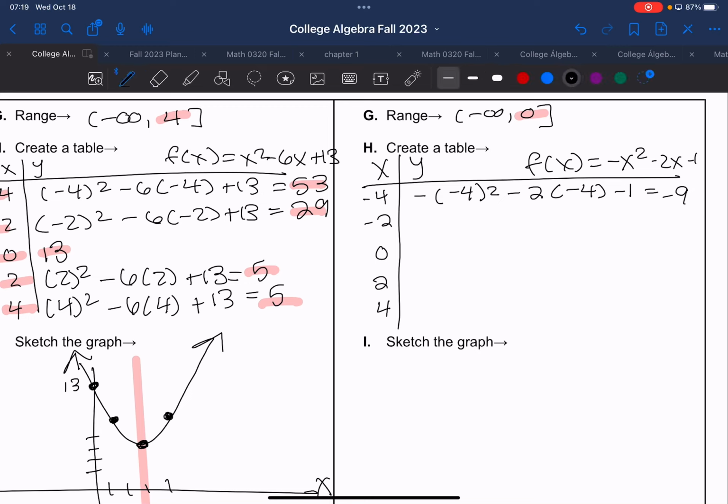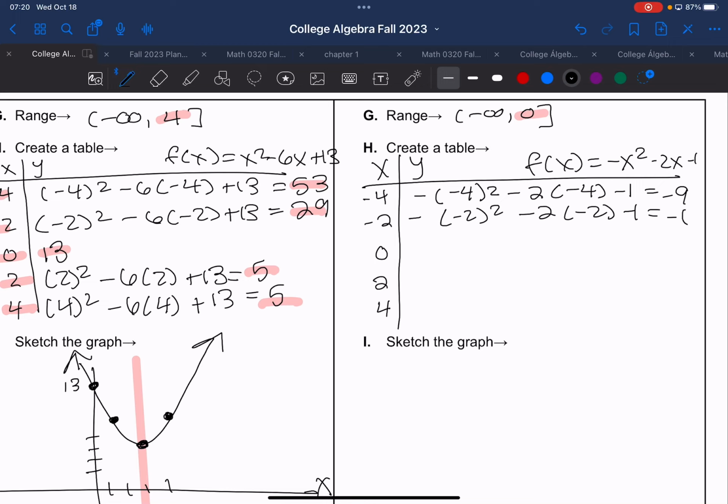Yes. It's negative 9. Now I'm going to plug in negative 2. Use your parentheses when you do those. So for this one, we should get negative 4 plus 4, 0, negative 1.